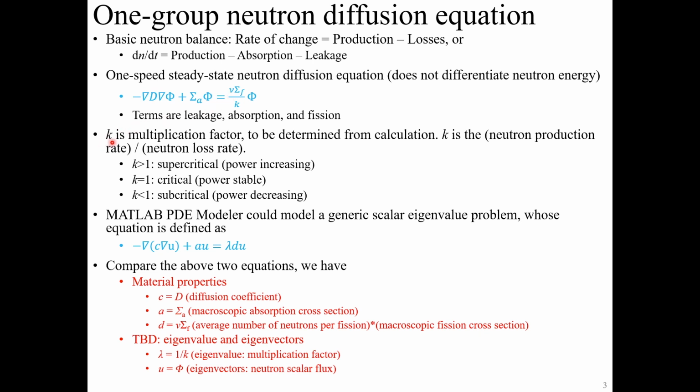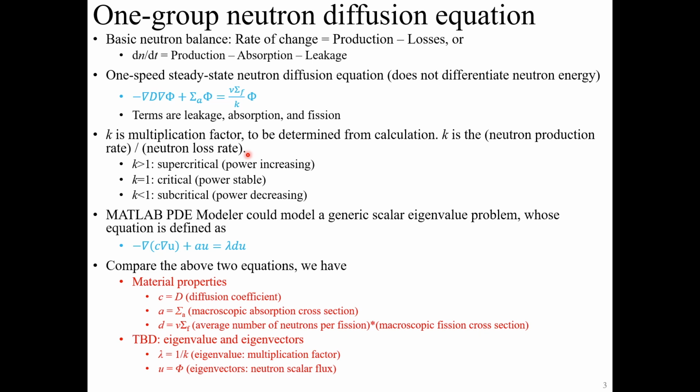Now let's talk about the K. The K is called the multiplication factor. This K is also an unknown, and we have to determine its value after the calculation. The K is the neutron production rate over the neutron loss rate.